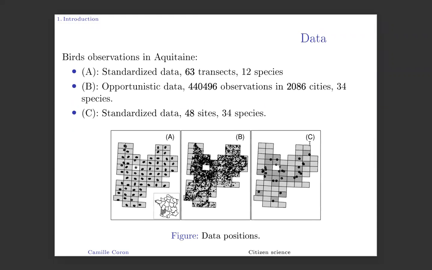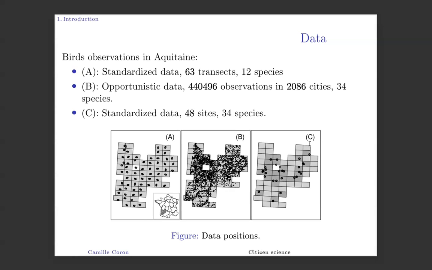More precisely, I can describe the data that we will use in the end. We consider birds observations in Aquitaine, a region in the southwest of France. The first data set is called the standardized data set, which means that observers had to follow a very precise protocol to participate.